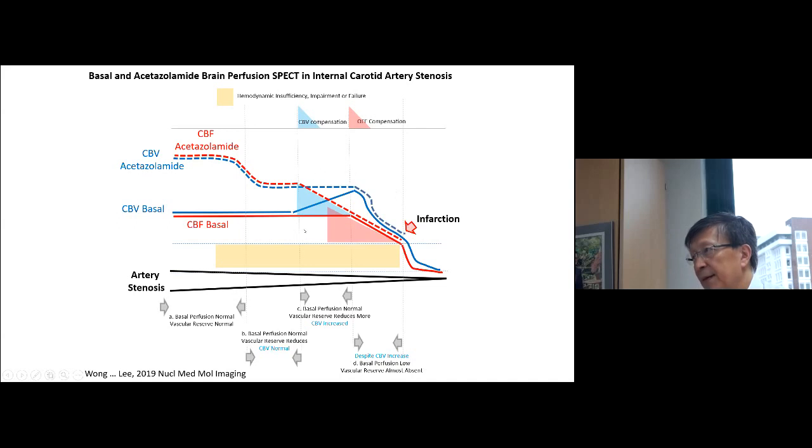Before that, every compensatory mechanism is invited, adapted and harnessed. Previously, first volume compensation and then metabolic compensation, which has been investigated and assessed by PET. And recently, OEF is being evaluated by MRI too.